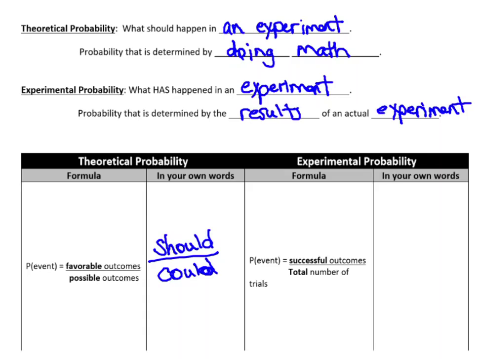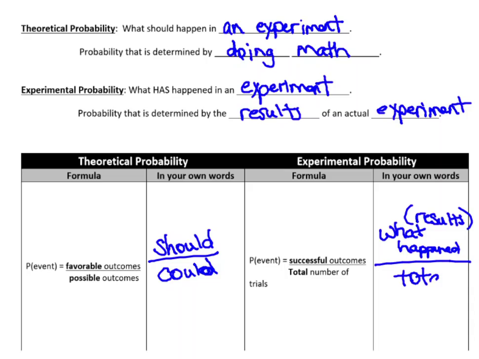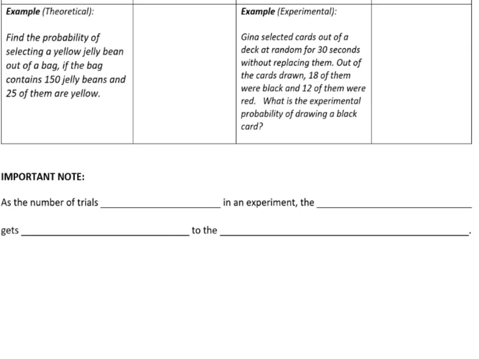And experimental, what happened, or we could say results, over total. So how many times did you flip the coin? How many times did it land on heads would be experimental. Theoretical, it should land on heads 1 out of every 2 flips.